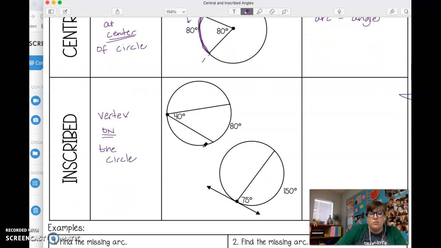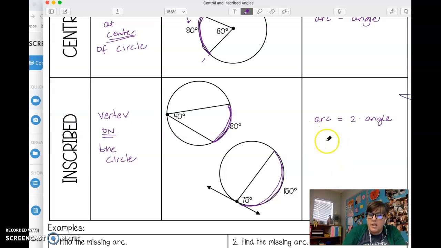For the inscribed angle, where the vertex is on the circle, again, the angle is creating this arc. So wherever those two lines intersect the circle, that's where we've created the arc. In this second picture, we actually have a tangent line and a chord creating the inscribed angle. But we notice the relationship is still the same, that we take the arc measure and it is going to be equal to 2 times the angle.